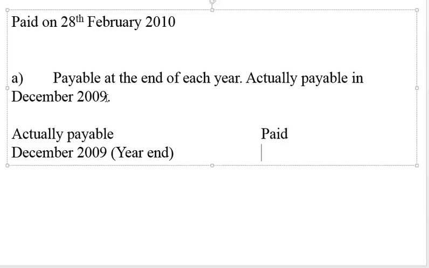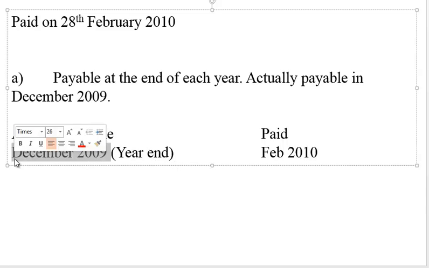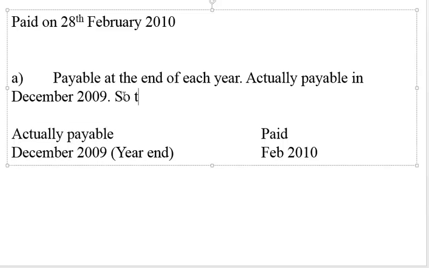The bonus was specified in the contract as payable at the end of each year. One more point: paid in Feb 2010. So should it be taxable according to this date or this date? This date, 2009, so taxable in year of assessment 2010.